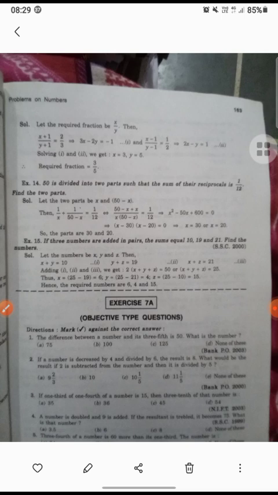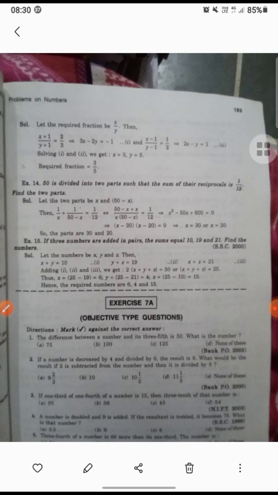It's in pairs. Adding all three, 2(x plus y plus z) equals 50, so x plus y plus z equals 25. Then x equals 25 minus 19, that is 6, y equals 25 minus 21, that is 4, and z equals 25 minus 10, that is 15.